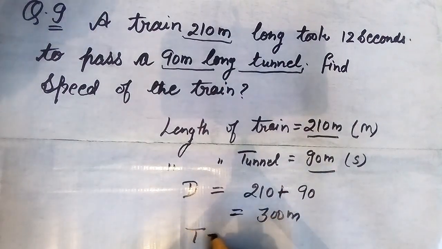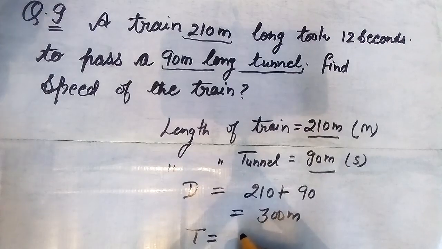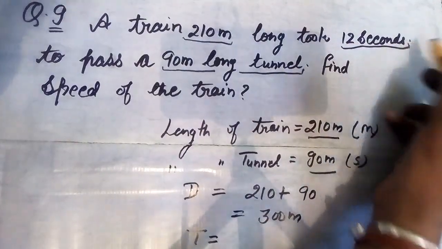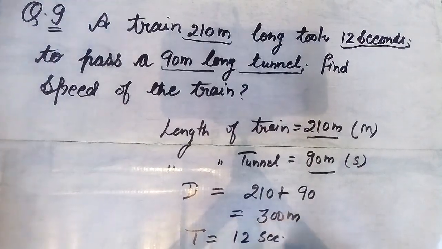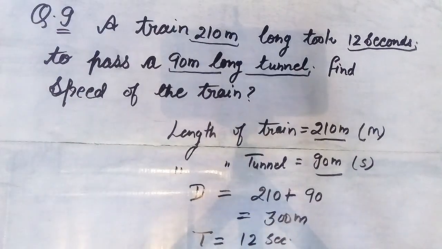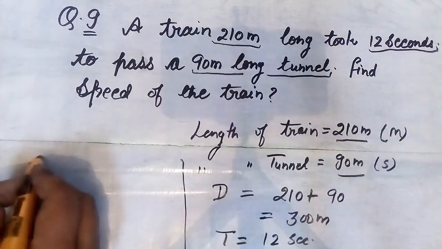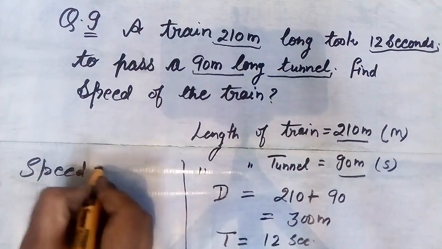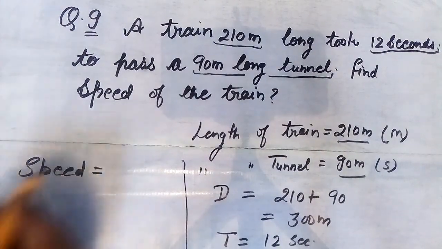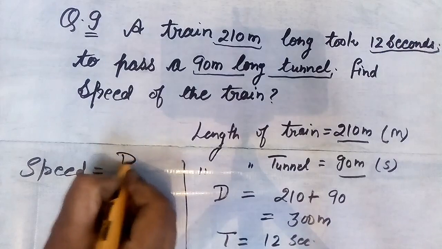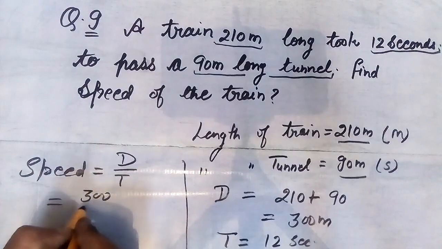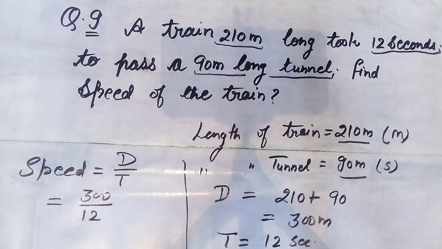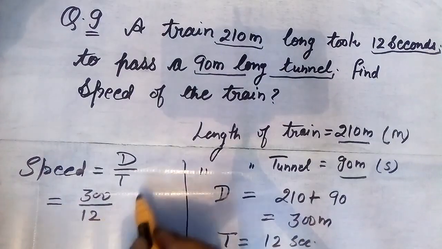Now time is given equal to 12 seconds, and remember, when you are asked to find out the speed, it must be in kilometer per hour. So we know that speed equals distance upon time. So remember the conversion, because we have to convert into kilometer per hour, and here it will be 300 meter upon 12 seconds.